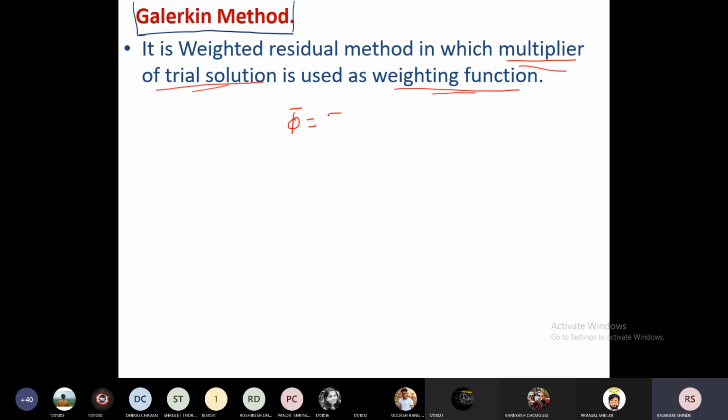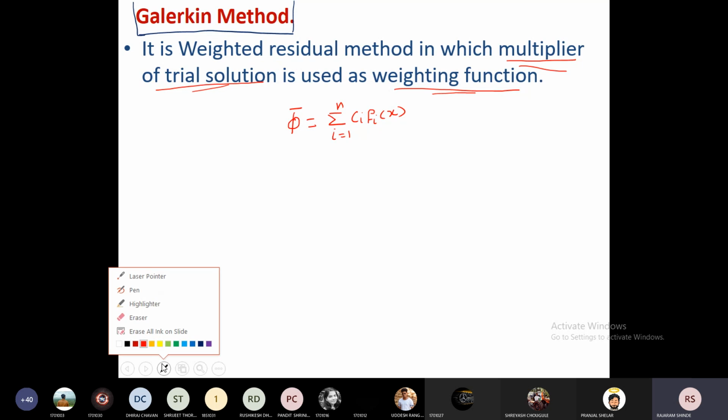It is the summation of i equal to 1 to n of ci fi x. Now, the multiplier of the trial solution, which is the function of coordinates, is fi x.